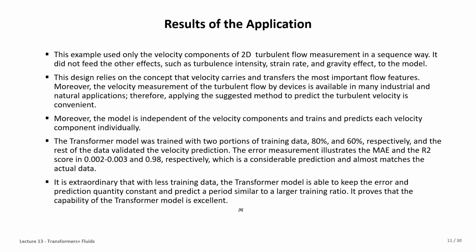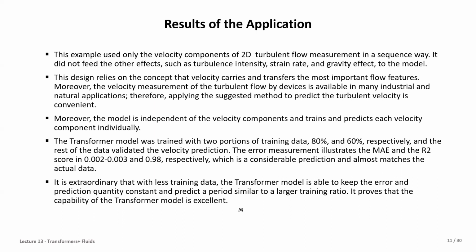This design relies on the concept that velocity carries and transfers the most important flow features. The model is independent of the velocity component and is trained and predicts each velocity component individually. As you saw in the result, we have prediction for the velocity in x and y direction individually.